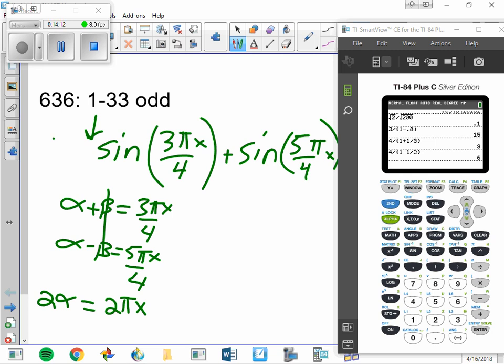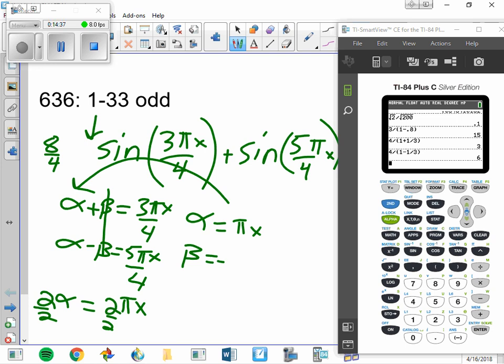So 3 plus 5 is 8 over 4, which turns into a 2. So I divide by 2, and I get alpha is pi x, and then I plug that back in. Pi x plus what is 3 pi x over 4, and it would be negative pi x over 4. So beta is negative pi x over 4.